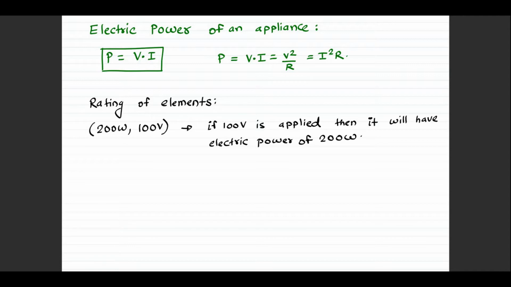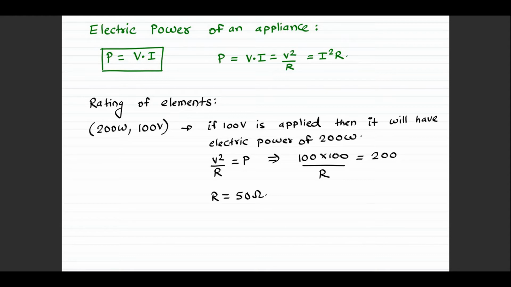So using this information, I can find out the resistance, right? I can say V square by R is equal to electric power. So 100 into 100 by R is equal to 200. So R is equal to 50 ohms.